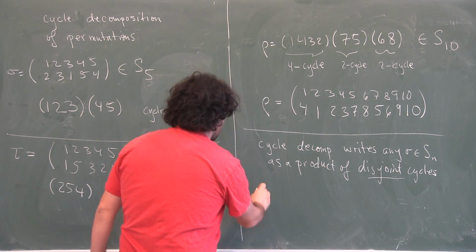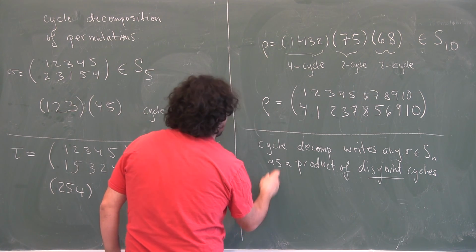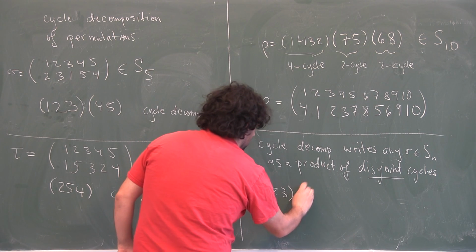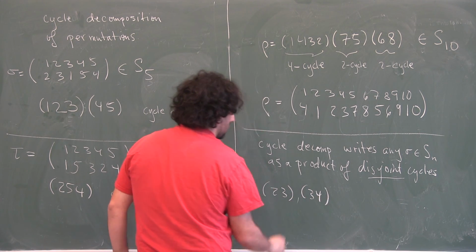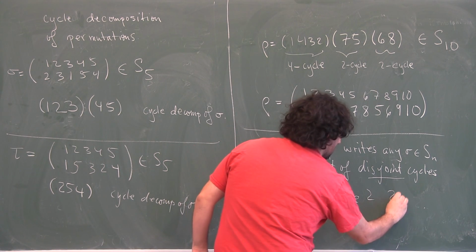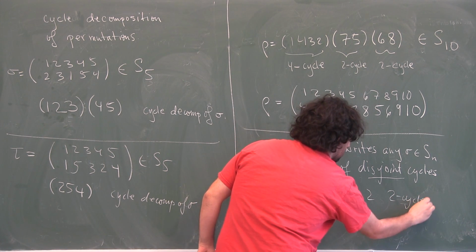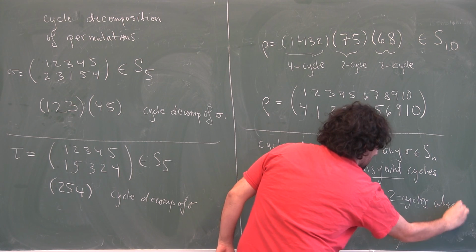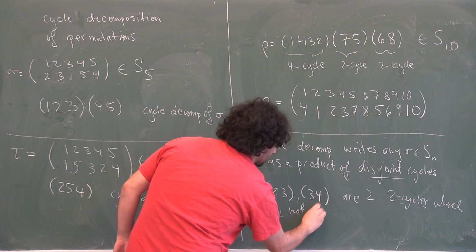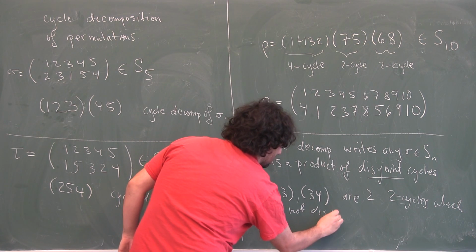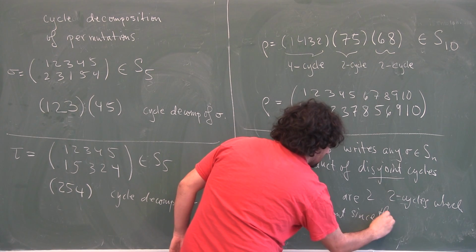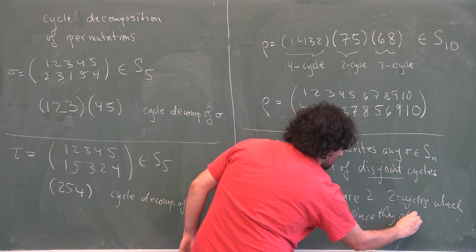So if I have (2 3) and (3 4), these are two cycles which are not disjoint, since they share.